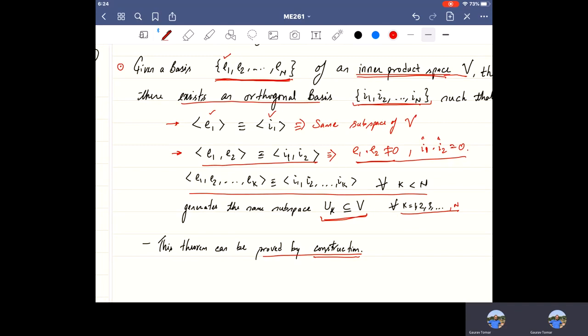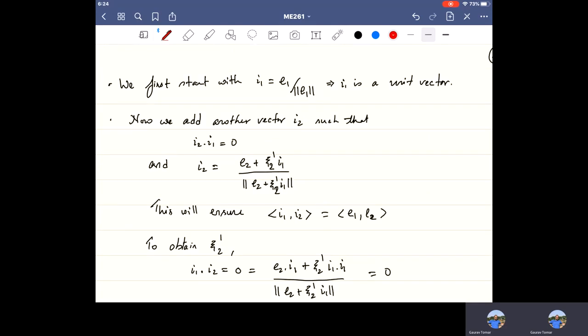We'll first define our first vector I1 as E1 divided by the norm of E1. So we have made it a unit vector. If it was not a unit vector, the I1 dot I2 that you generate later would still be 0. But for an orthonormal basis, you want I1 dot I1 to be equal to 1. Correct?